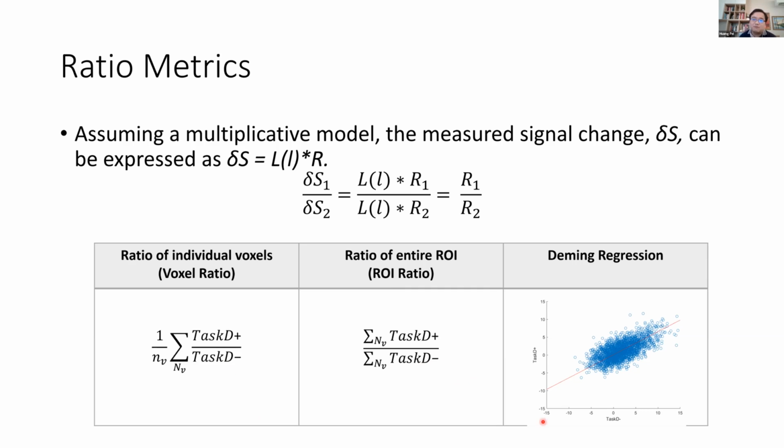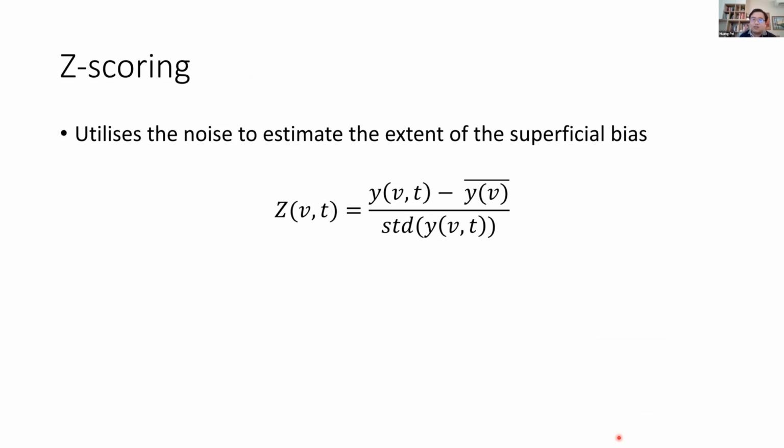Lastly, Deming regression, which is proposed by us, is obtained by regressing one condition against the other and then taking the gradient. So we chose to use Deming regression instead of ordinary least squares because Deming regression accounts for the error in both variables.